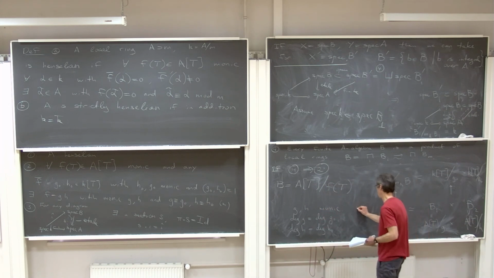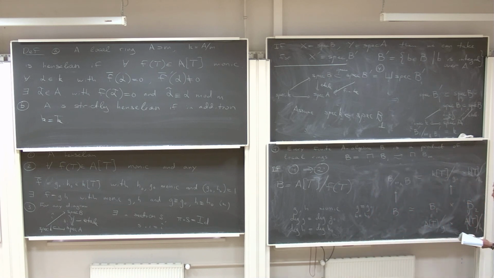And also G is equal to G0, and H is equal to H0. That's because you have this map.